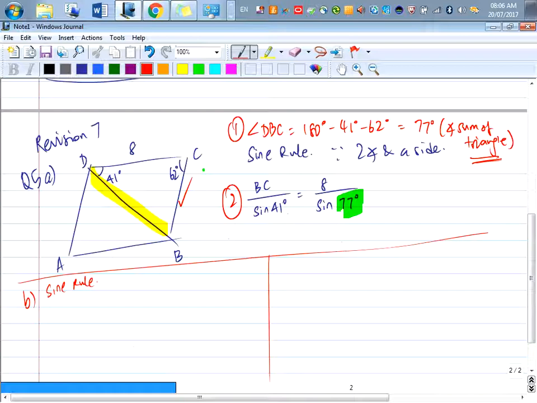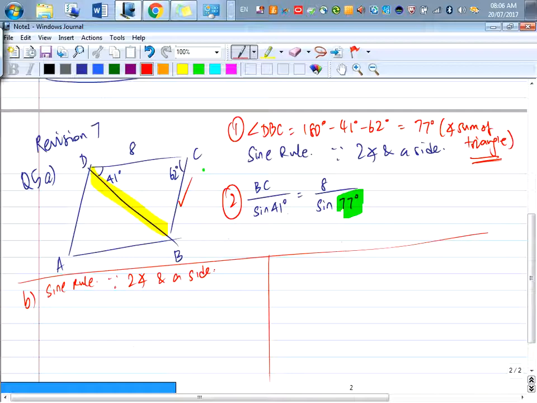Come on. You are expected to know this. Afiq, are you able to help? Say again. Two angles and a side. Because two angles and a side.